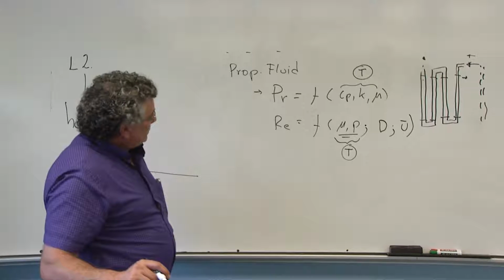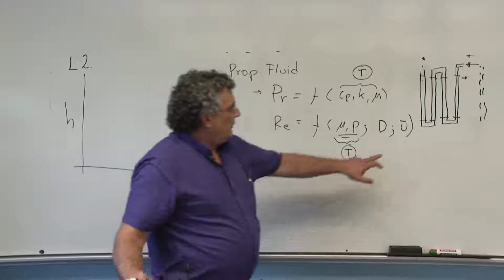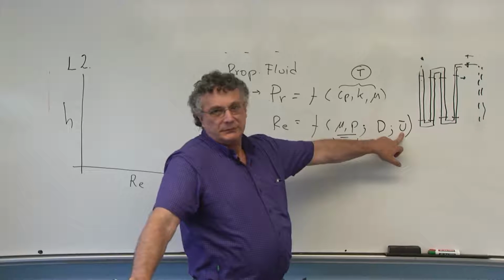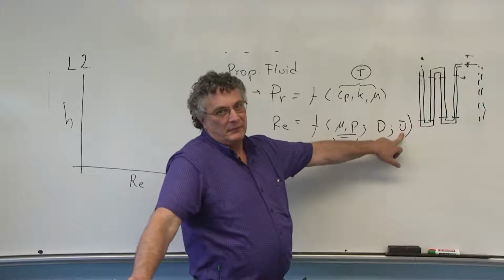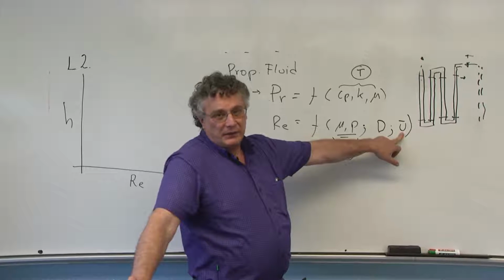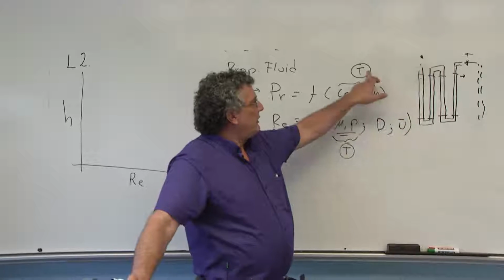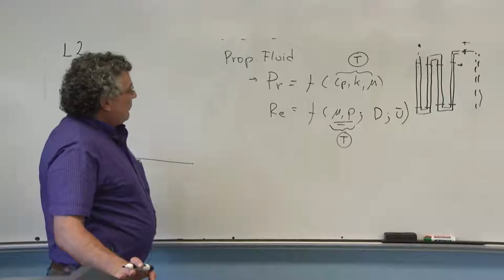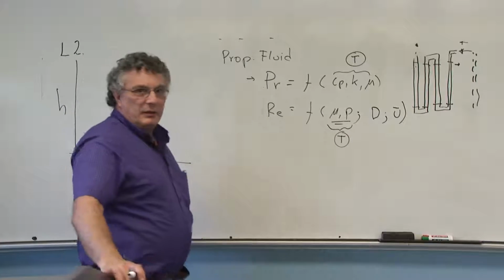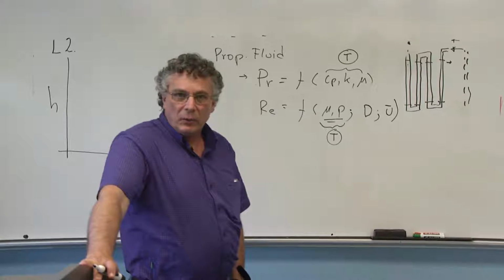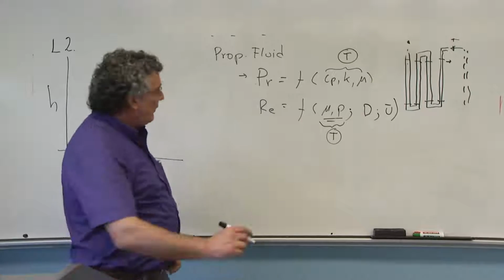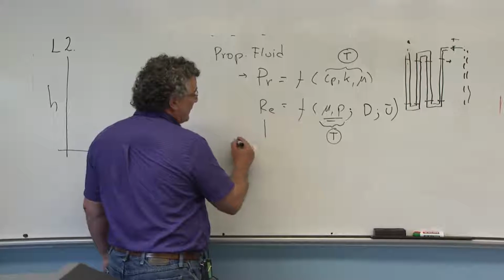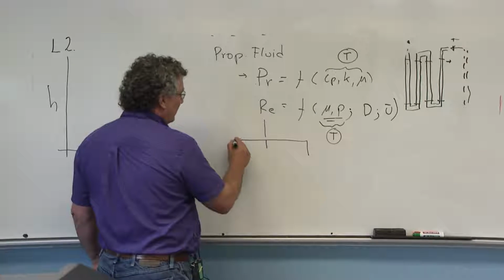The velocity, however, will have an indirect effect, in the sense that if you change the flow rate, you're going to change the temperatures, because the heat transfer changes and the mass balances change. So changing the velocity will have an effect on temperature, which in turn will affect these other variables. I'm going to give an example using the assumption of turbulent flow. As you know, the Reynolds number provides a criterion to determine the type of flow.